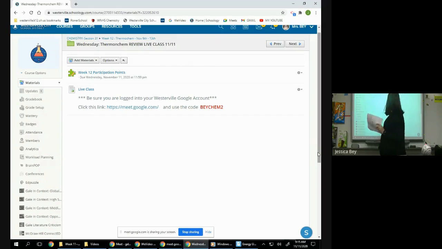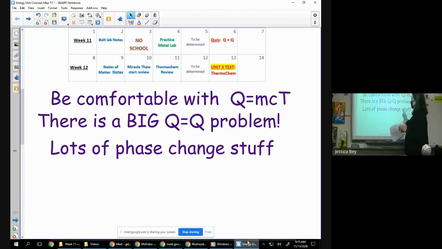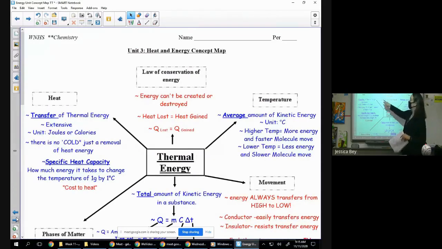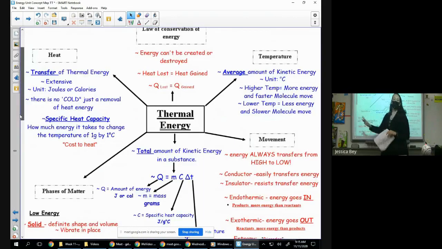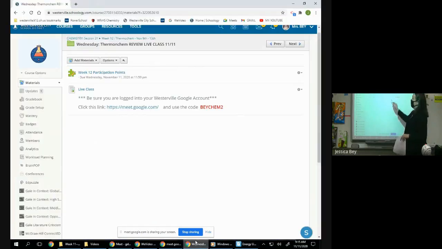The concept map here has everything that we kind of went over. So if you want to look at the big picture in your packet, there is a concept map that kind of gives you an overview of everything if you would like to use that. Okay. But I will put the answer key. I don't know why it's not there. I put it there last night. Okay. But the answer key for your review sheet will be in the Wednesday folder of week 12.